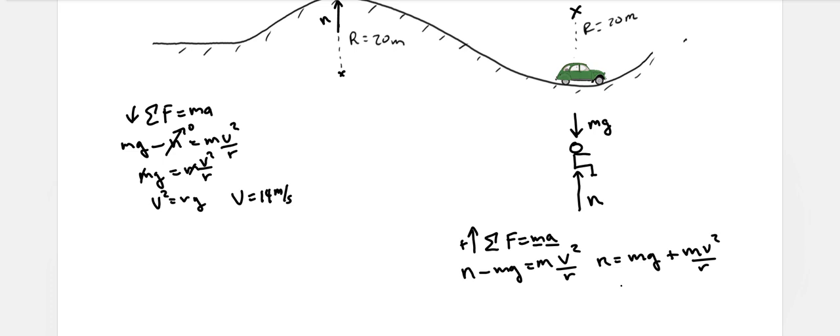And I get 1,568 newtons in this direction. Using 80 for the mass, 9.8 meters per second squared for the gravitational acceleration, 14 meters per second for the speed, and 20 meters I grabbed out of the picture.